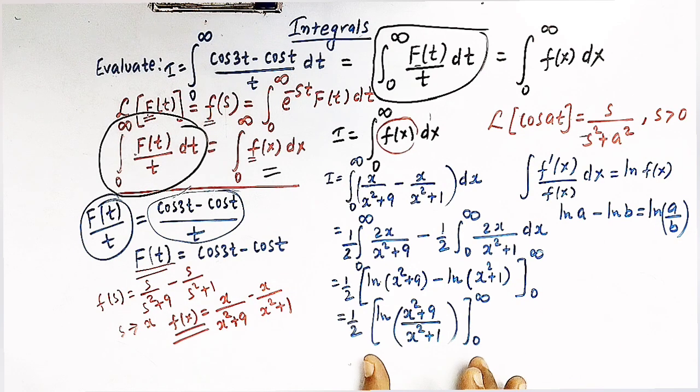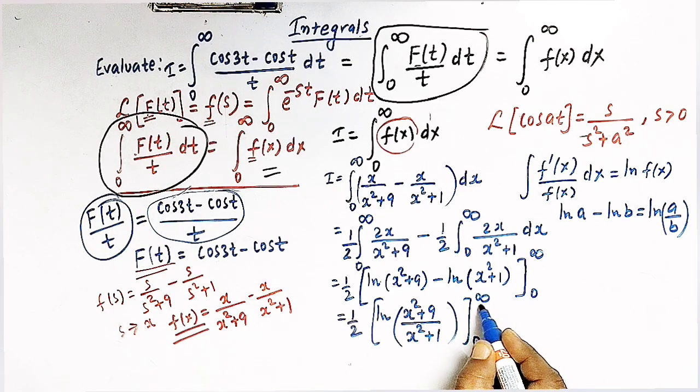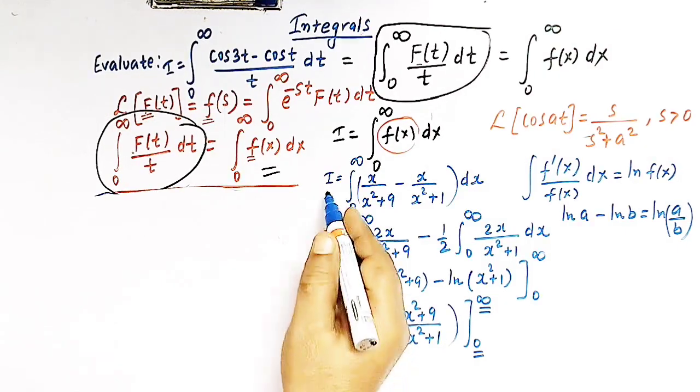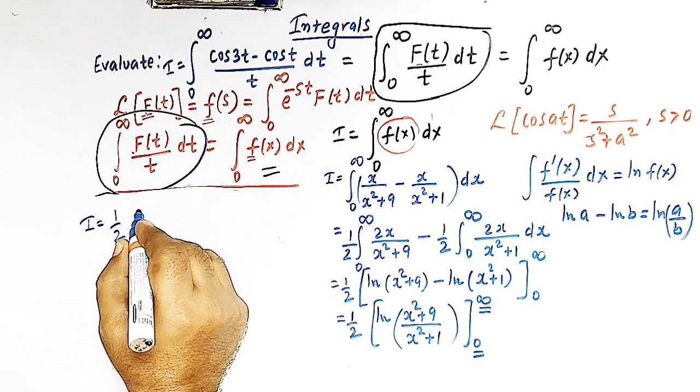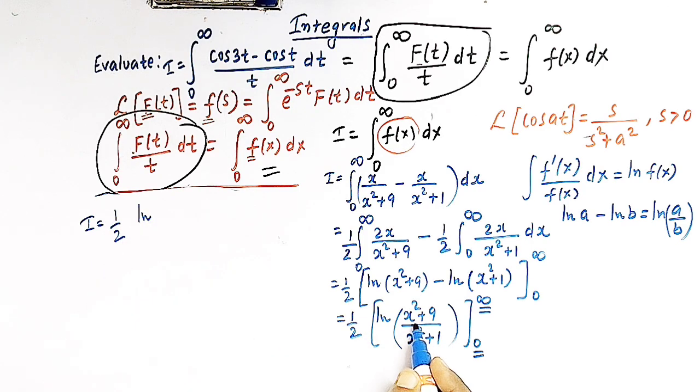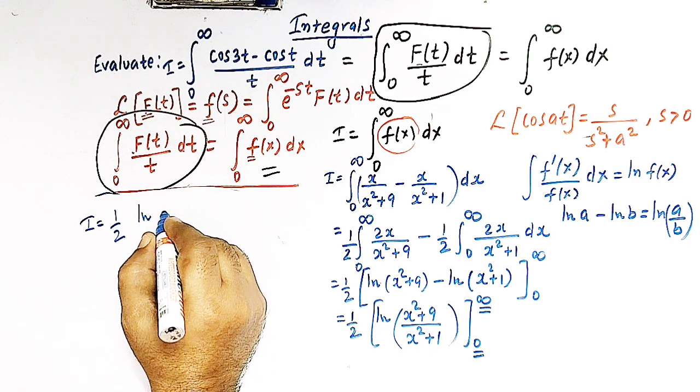So now we have to evaluate this expression for the upper limit and the lower limit, and then we'll take the difference. So now I can be written as half, and we can now write natural log. And here we can also express this rational expression, that is x square plus 9 divided by x square plus 1, like this.